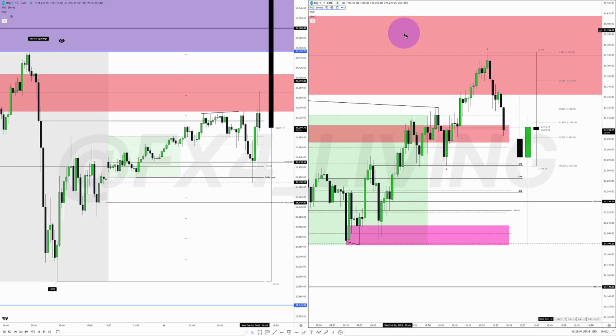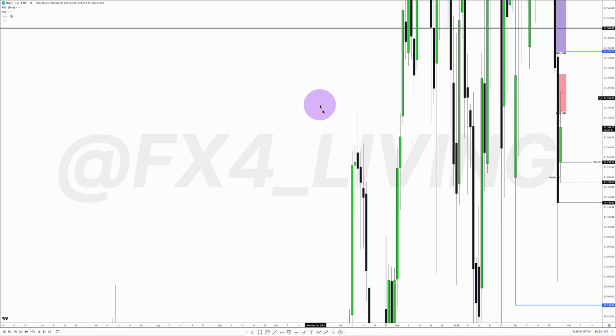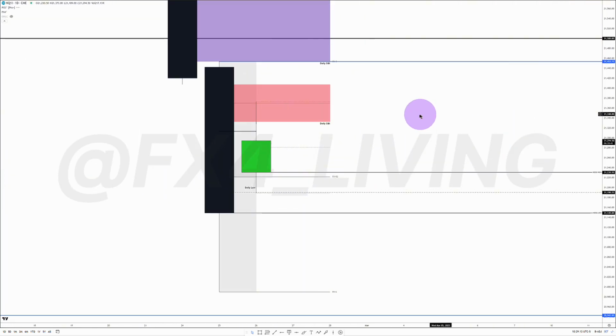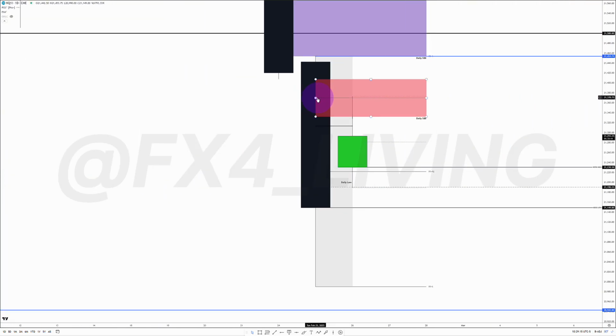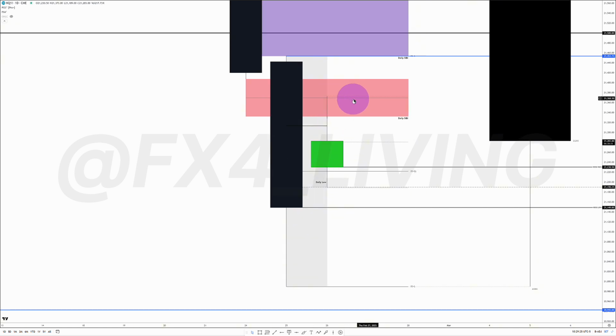This one is a daily CB. It's a daily CB. I'm going to show you right now. If I go into 1 day, this was basically connected originally with this daily low right here and the current daily high right here, and now we just basically filled that.